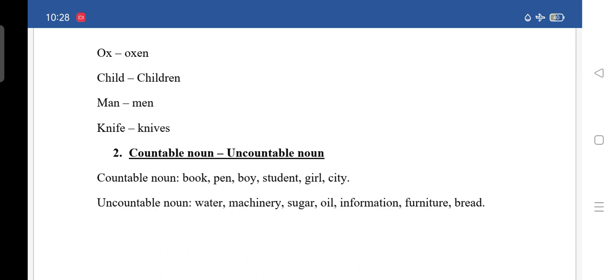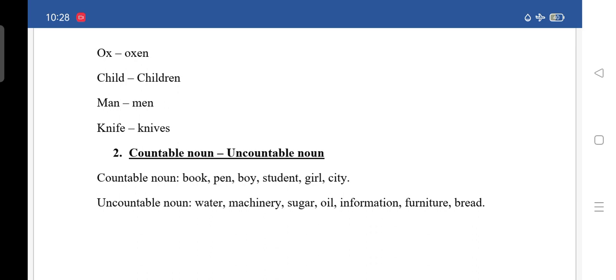See the uncountable nouns. Uncountable nouns are water, machinery, sugar, oil, information, furniture, bread. So you may be thinking, no ma'am, we will weigh them. Water as 1 liter, but we can't count each drop. Yes or no?